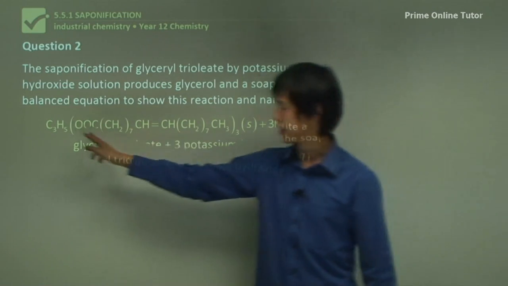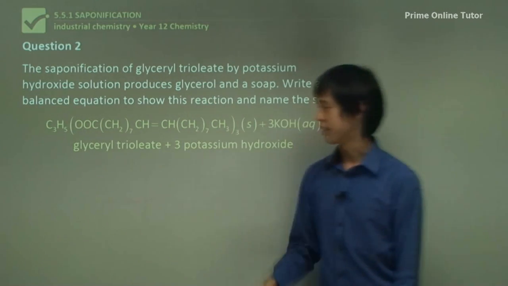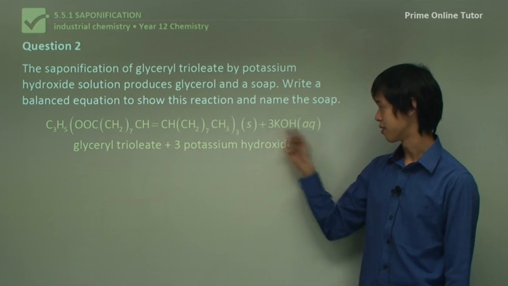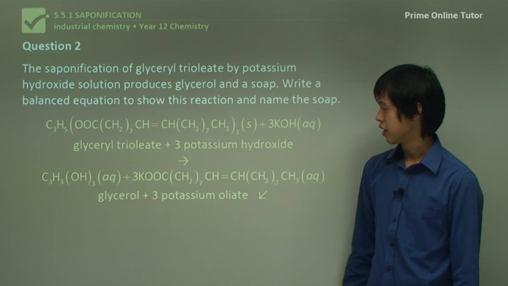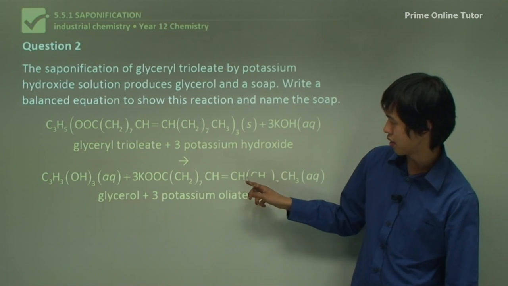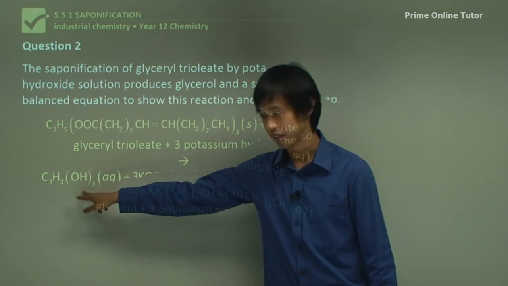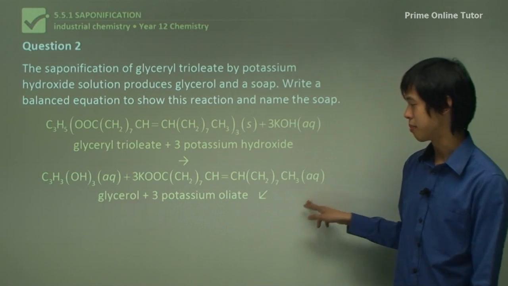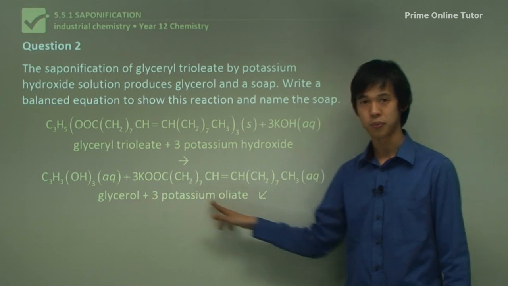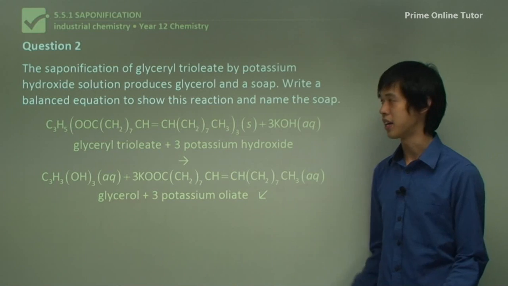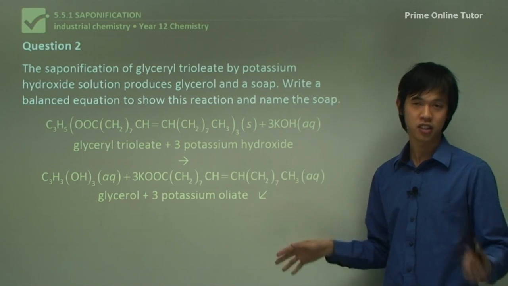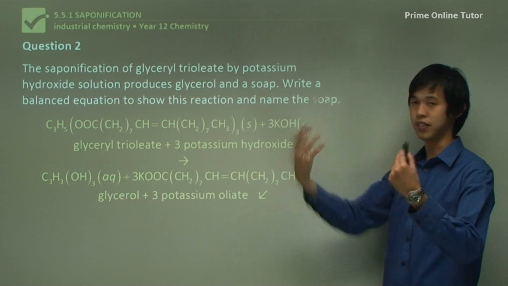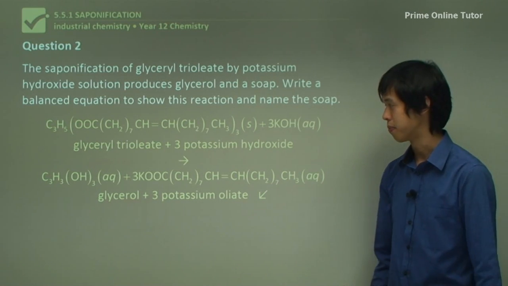And this part here is the glycerol. So that's why it's called glycerol trioleate. And it takes 3 potassium hydroxides, which is here. And that forms the glycerol, which is here, and this 3 potassium oleate group, which is at the end here. Okay? Very complex molecules. We're not expecting you to be able to name every single possible branch of them, but you should be able to see, if given the names, how you would approach them. Okay.